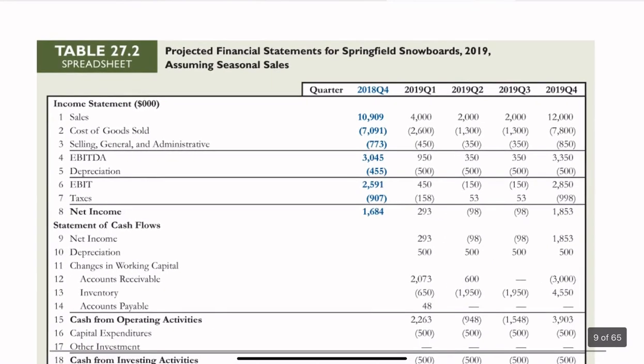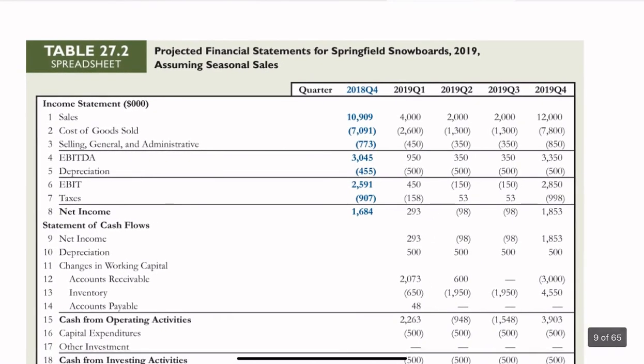So now if you compare with the previous table, you can see that the huge difference here is the sales number will have this seasonality. That is, the highest sales number would occur in Q4 2019, and the number would be 12,000. And then Q1 would have 4,000, and Q2 and Q3 are pretty low, about 2,000.